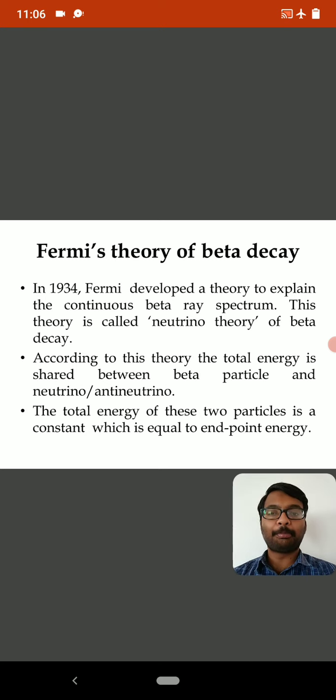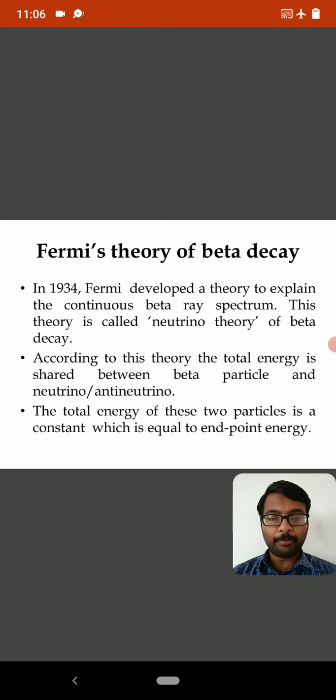In order to explain this continuous beta ray spectrum, he proposed a theory or hypothesis which is called neutrino theory. So this theory is called the neutrino theory of beta decay. According to this theory, the total energy is shared between the beta particle and the neutrino or antineutrino.